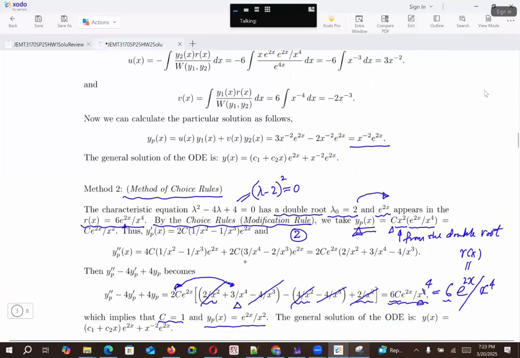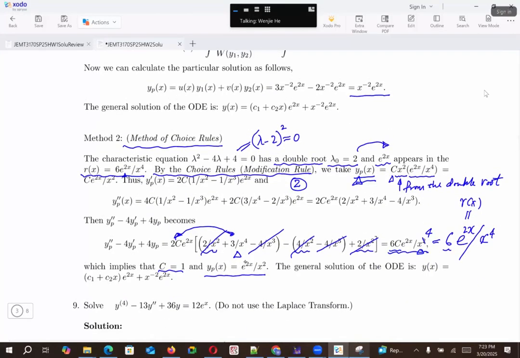But here we like to use the method of choice rules. This example I want to give you is based on question number 6 in the midterm.